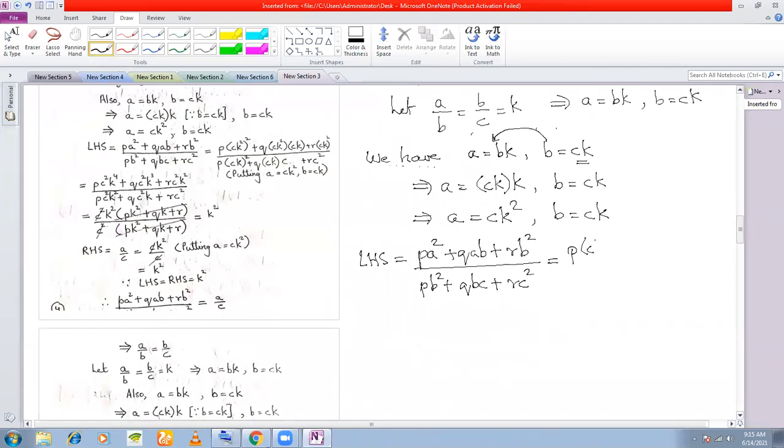P, A here is CK square, so put it CK square whole square, plus Q, A is again CK square, B is CK, and R, B is CK square, divided by P, B is CK, plus Q, B is CK, put C as it is, plus R, C square, put as it is.